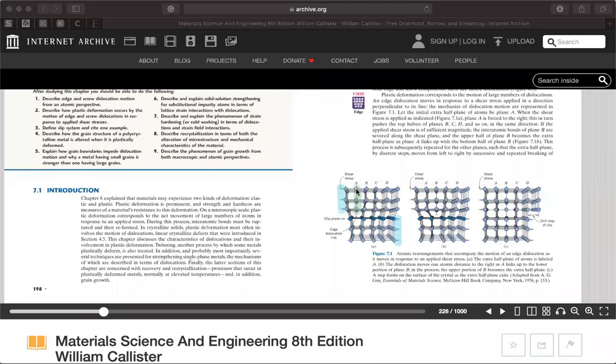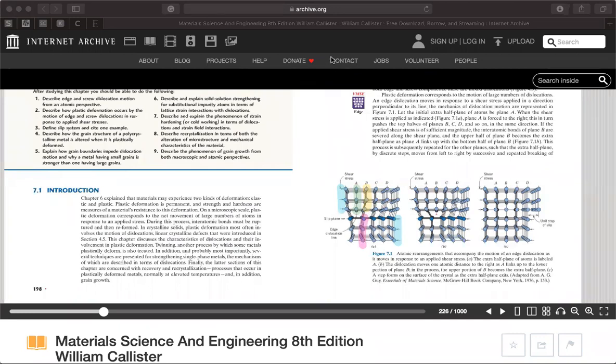Let's label it A, B, C, D. This is the top portion of B, and this is the bottom portion of B.